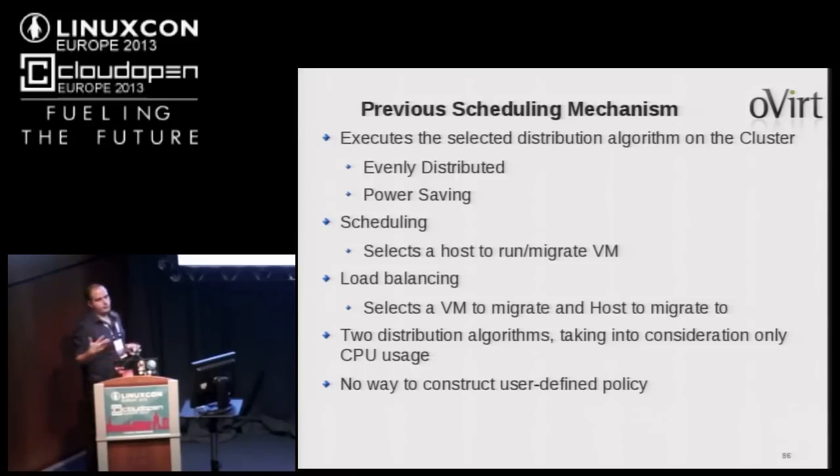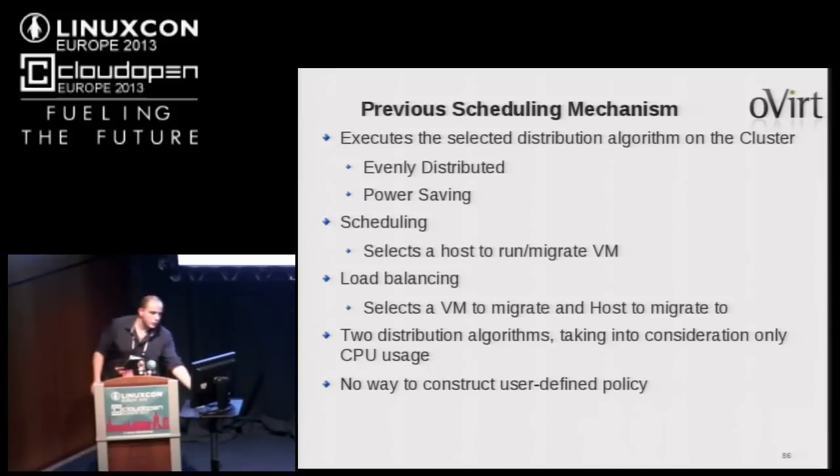So basically these were the policies, and the scheduling mechanism, which basically says I would like to run this VM, used one of these policies in order to decide where the VM should run.